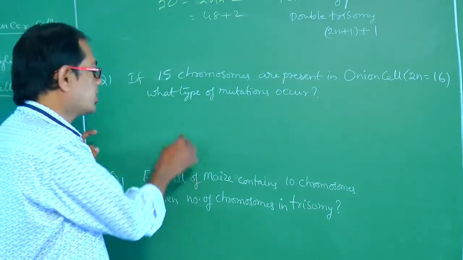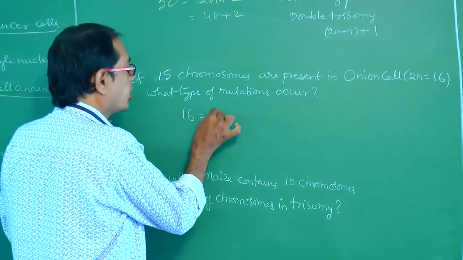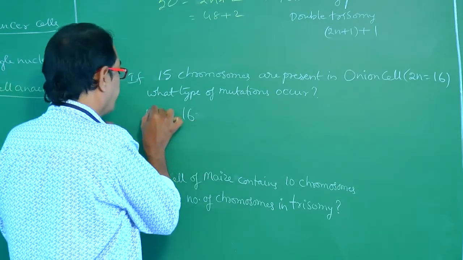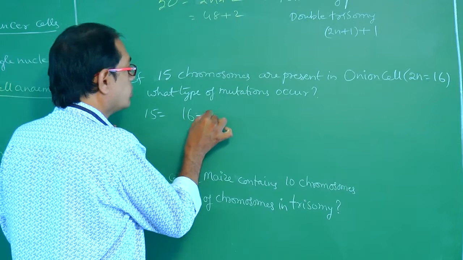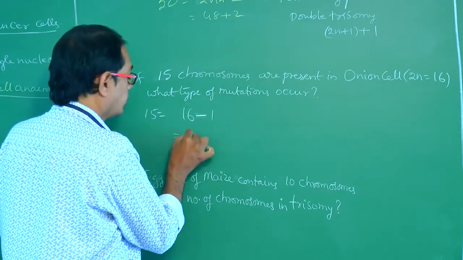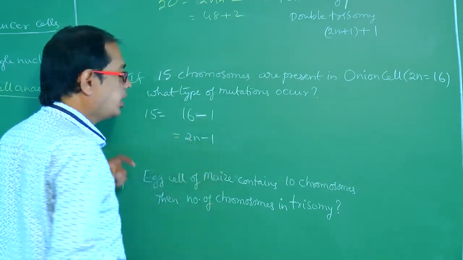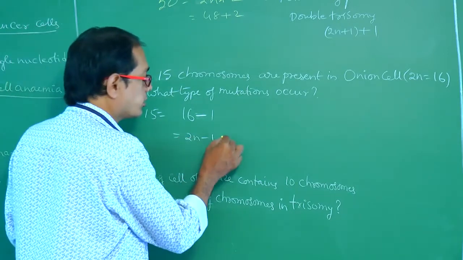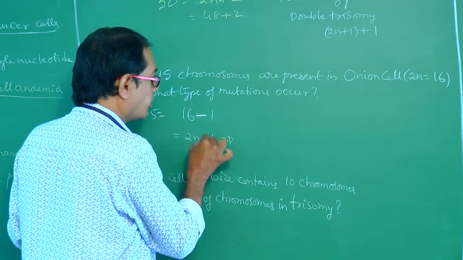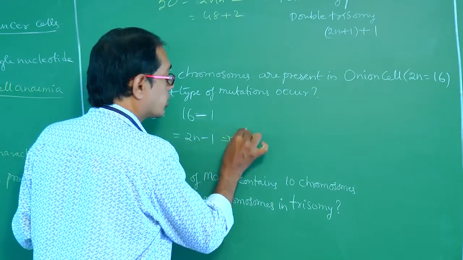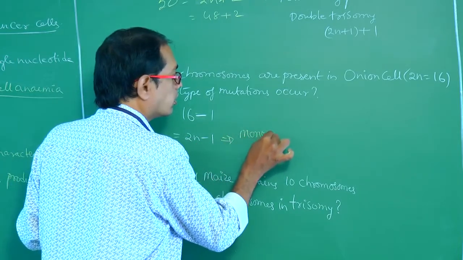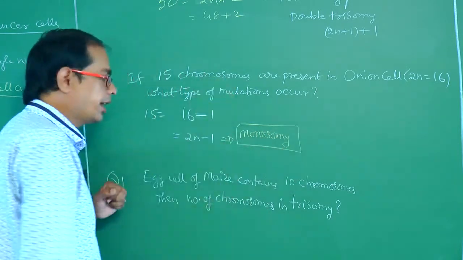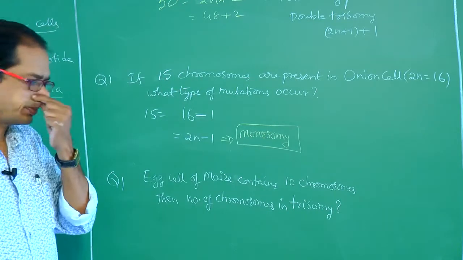So 15 is equal to 16 minus 1, that is 2n minus 1. 2n minus 1 is 1 less, which is called monosomy. Like that you have to answer.